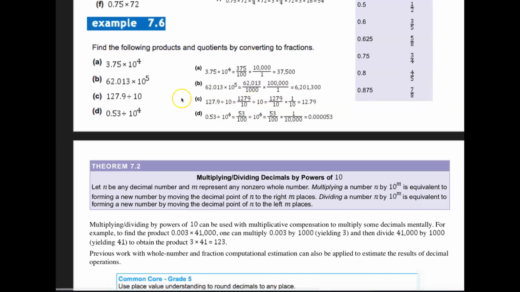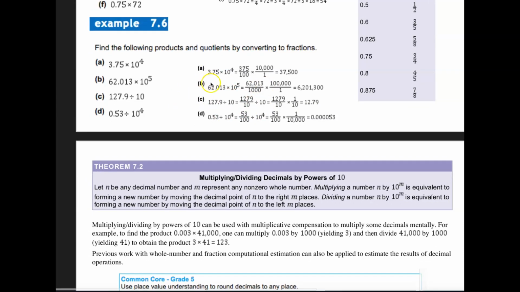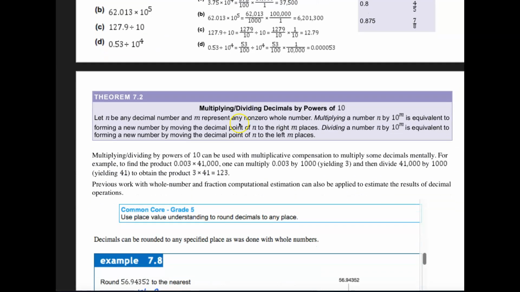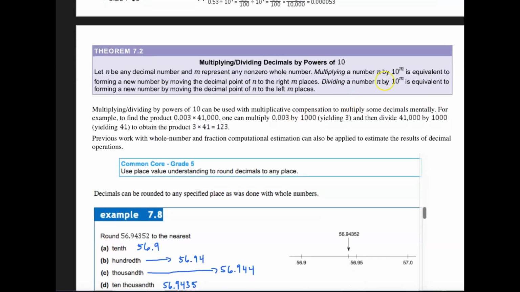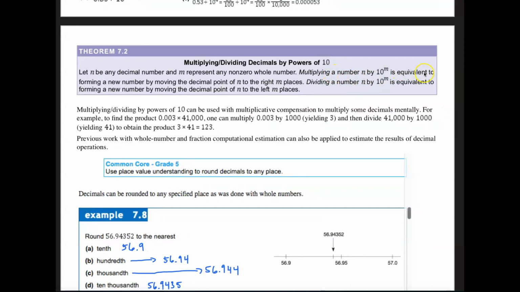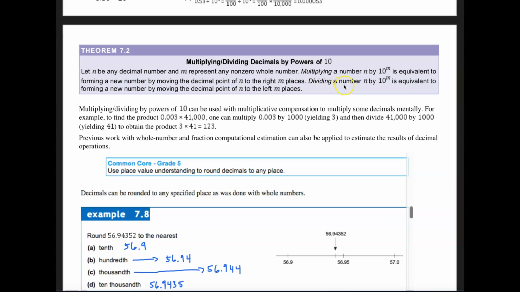But as you do this work and see how this gets calculated, you start to see a shortcut. All we learn is that when you multiply by a power of 10, that's equivalent to moving the decimal point to the right. Dividing by a power of 10 is equivalent to moving the decimal place to the left.